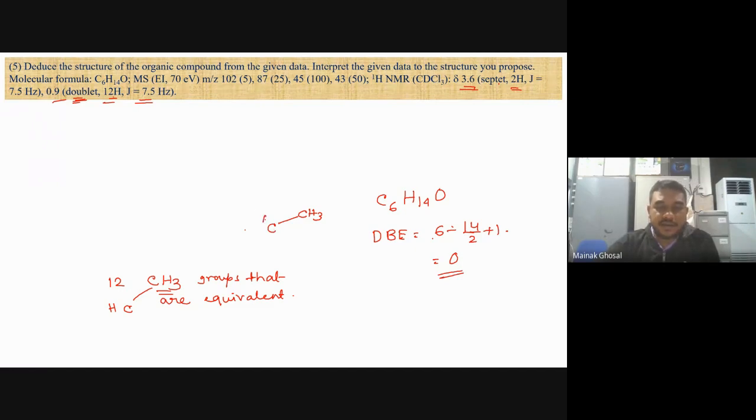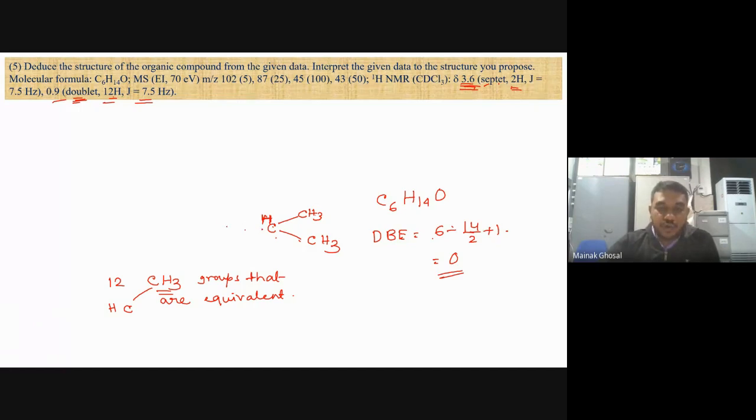That means this hydrogen is there. If I consider that all 4 methyl groups are attached to this carbon, then this hydrogen will show 12 plus 1, 13 multiplet, but it doesn't show that. It shows a septet. It is possible that this is the group of 6 hydrogen, 6 plus 1, 7 septet.